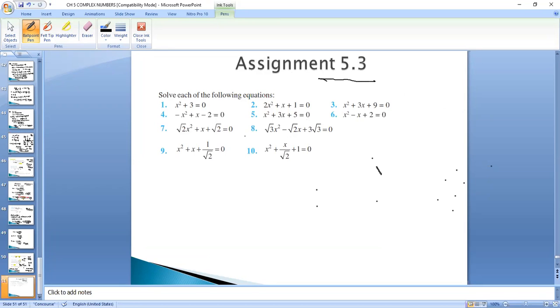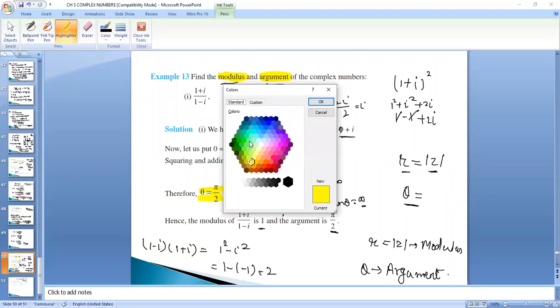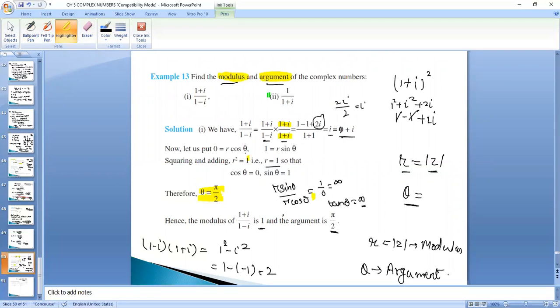The only thing you have to find the value of x by applying the direct formula. Okay. So now solve this 1 upon 1 plus iota. Second question solve and send me the solution.